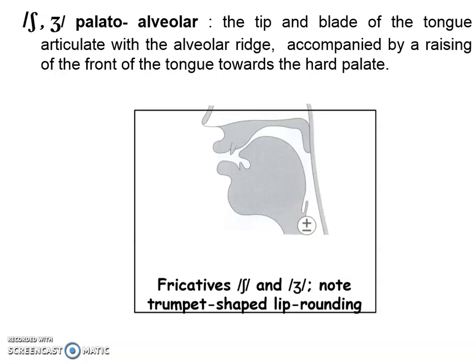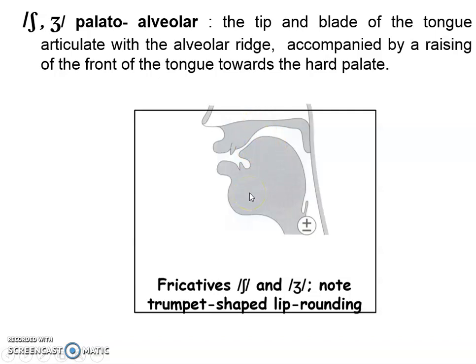Because ch and j are affricates, and first there's a stricture of complete closure, while in sh and zh there's no stricture of complete closure. The articulators approximate, but there's no contact. So the tip and blade of the tongue approximate the alveolar ridge, and at the same time the front of the tongue is raised towards the hard palate.